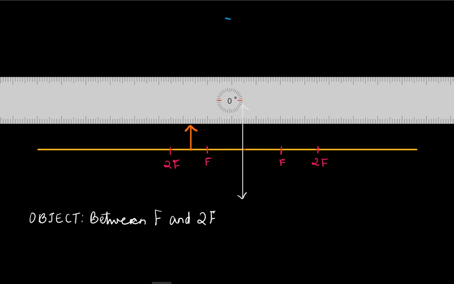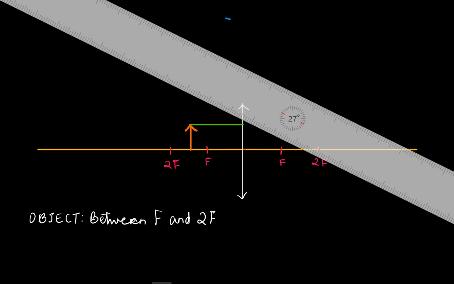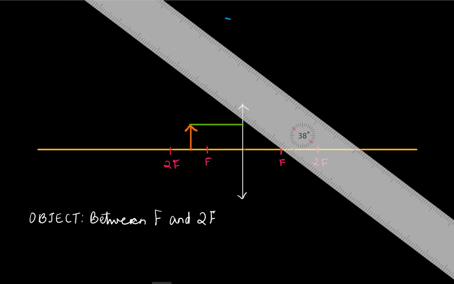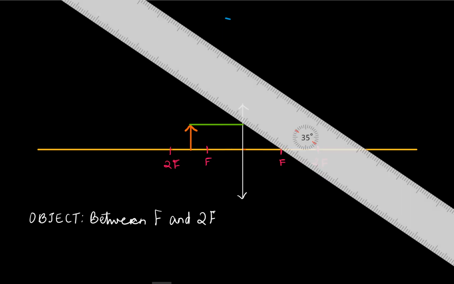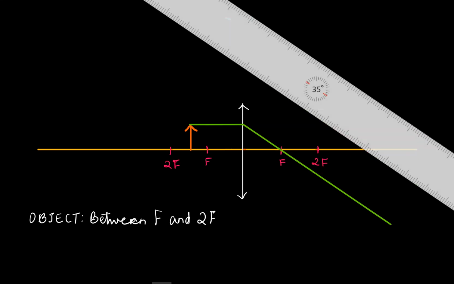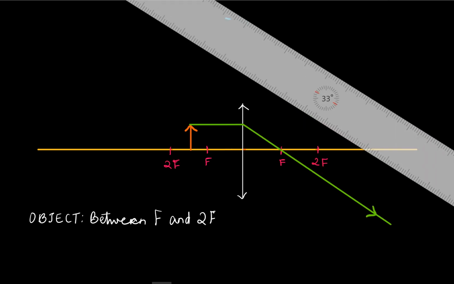Okay, so now the first ray begins from the top of the object and it goes straight till the lens, and then it cuts the principal axis through F. So then I turn this scale here and I draw it going straight through F. This is my first line of construction.